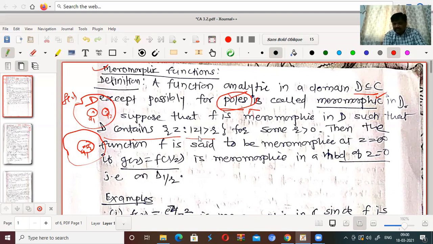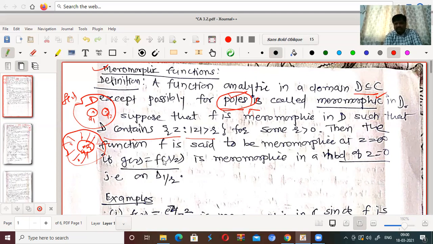Mod z equal to r is a circle having center at the origin and radius r. So suppose D is this region, and the function is meromorphic in D. That means the function is analytic except possibly at poles. Then the function f is said to be meromorphic at z equal to infinity.